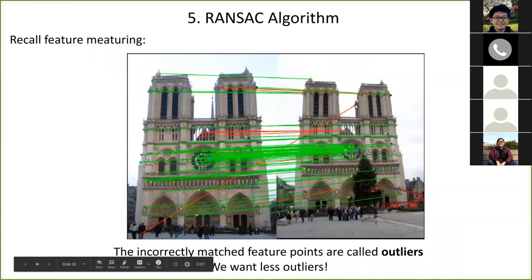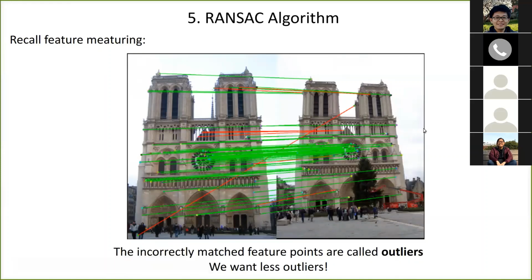This point on the church is actually matched to the ground, which is obviously wrong. So if we have some amount of outliers inside the correspondence, how can we reduce the effect of these outliers in order to get a more accurate estimation of the fundamental matrix?